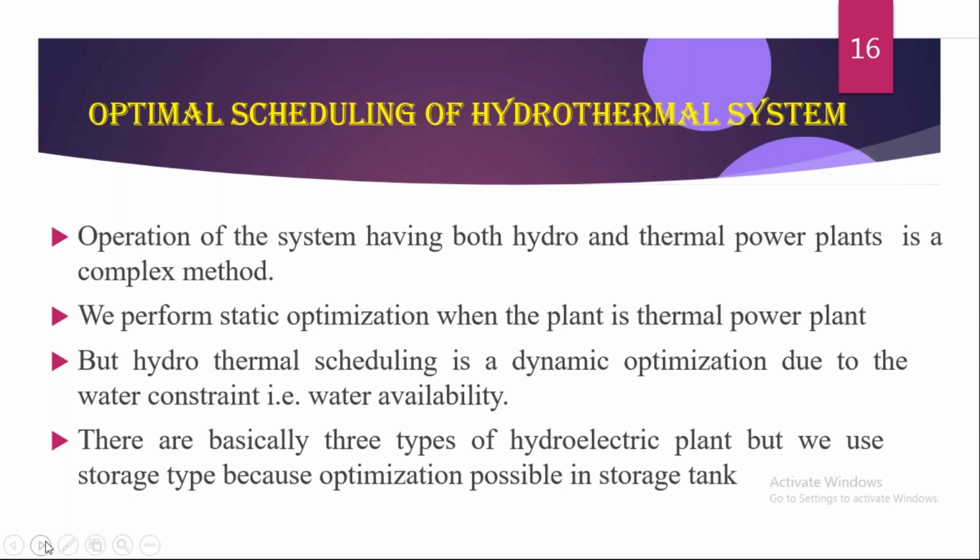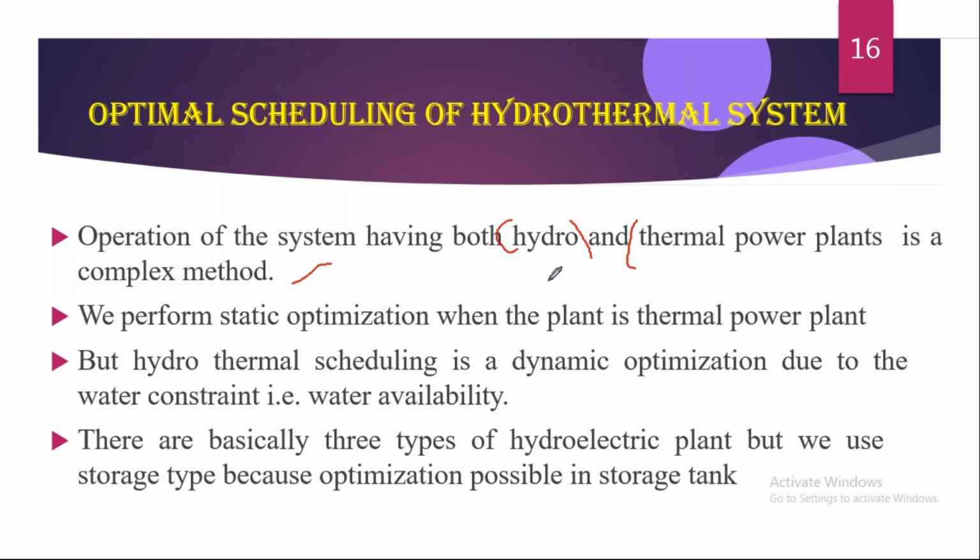Now, if we combine the scheduling for two power plants, we will see that operation of a system having both hydro and thermal plants is a very complex method. Why? Because these two are different in availability of fuel, working conditions, and location. So this is completely different.